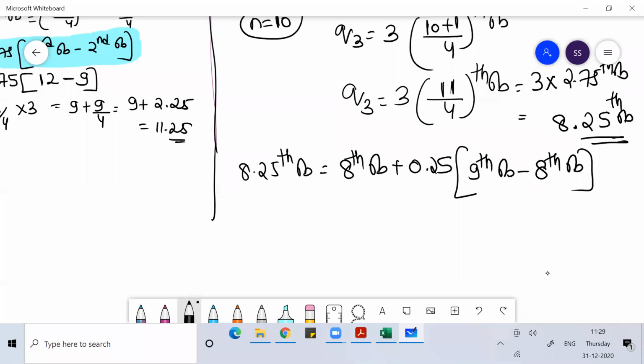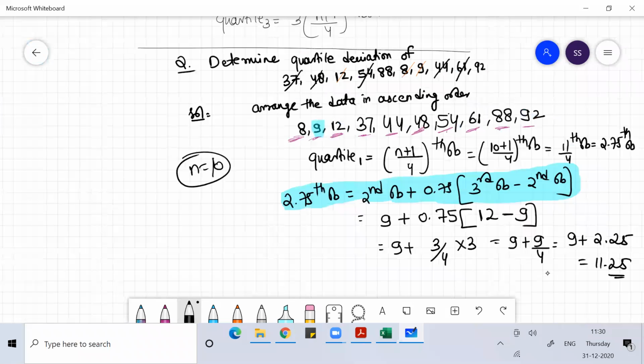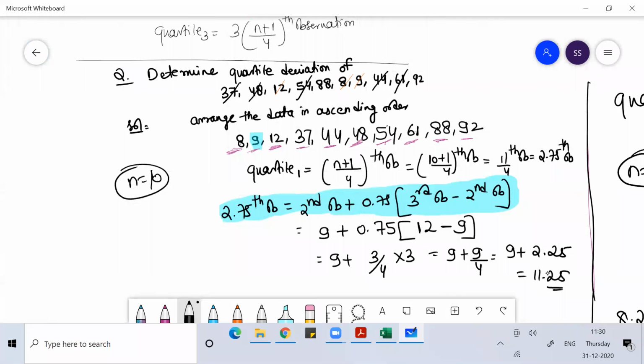So when we say the 8.25th observation, what is your 8th observation? You can count: 1, 2, 3, 4, 5, 6, 7, 8. Your 8th observation is 61 and the ninth observation is 88.